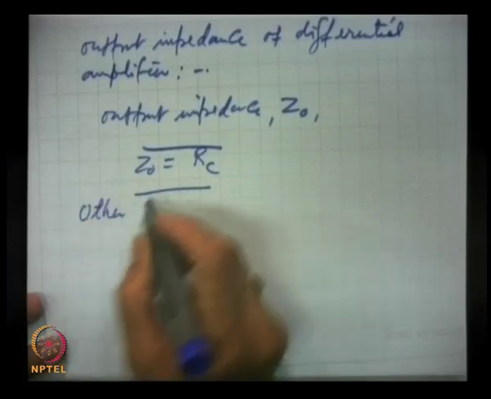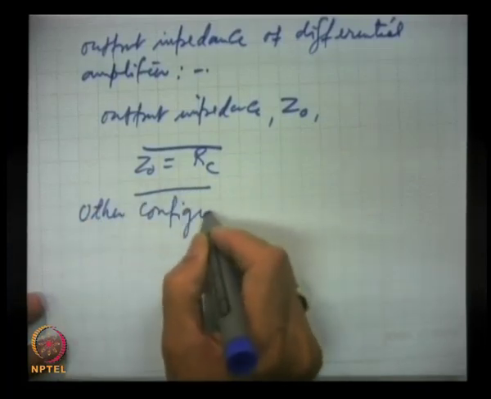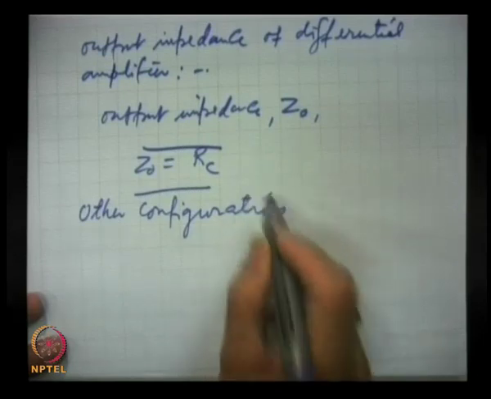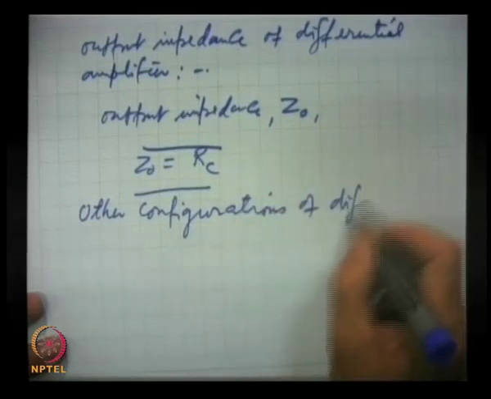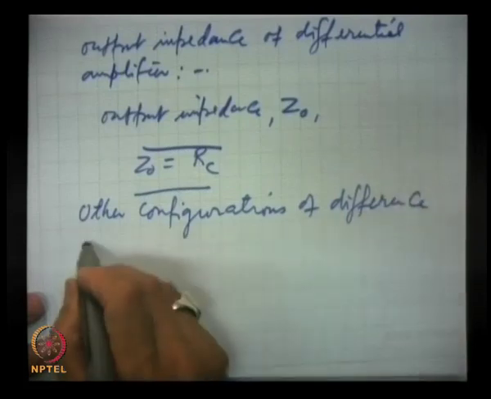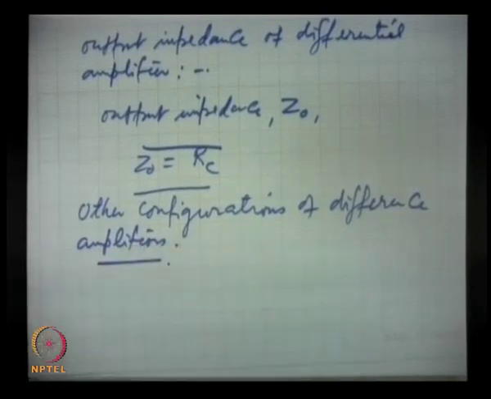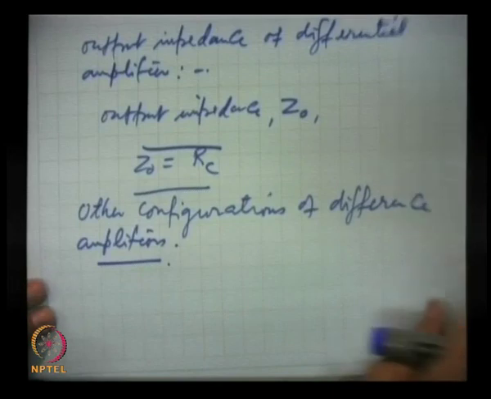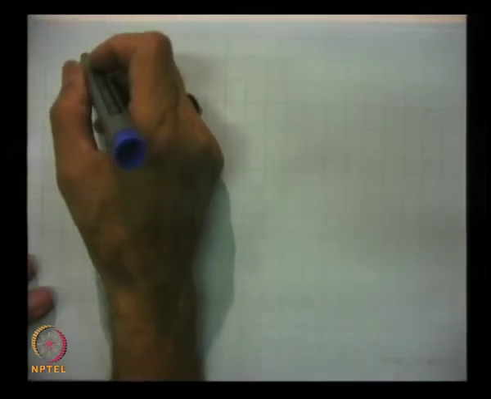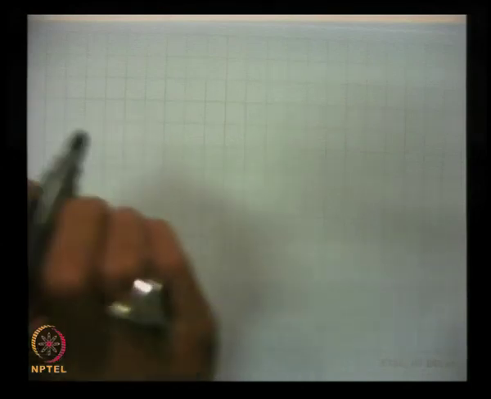Now, the other configurations of differential amplifiers. The next one we take is dual input, unbalanced output, that means single ended output. We take output from C2 with respect to ground.